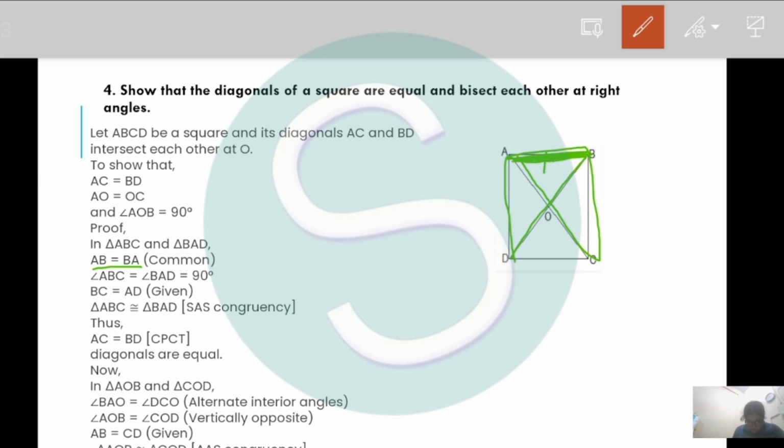Secondly, angle ABC, that is this angle, is equal to angle BAD, this angle. Since it is a square, each angle is 90 degree. So ABC equals to BAD equals to 90 degree, and it is given to us that BC equals to AD, because sides of a square are equal.